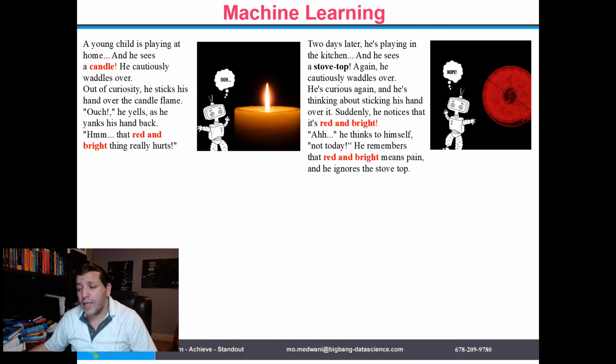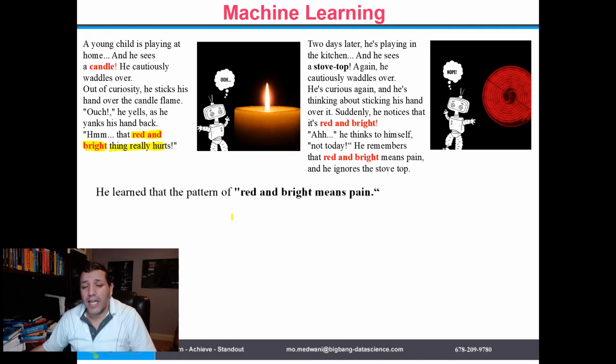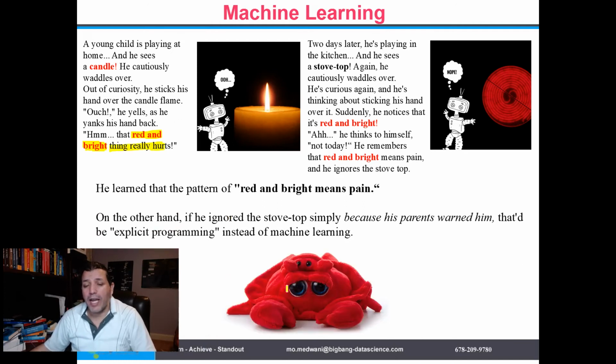Let's assume that this child only learned the pattern that anything that is red and bright is harmful. So what if the next day you brought your child a red, bright game or toy, what do you think he's going to do?